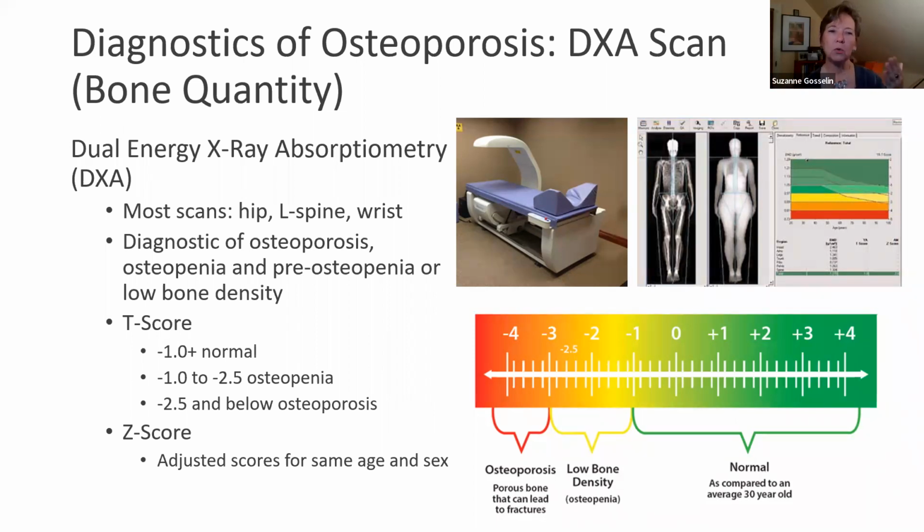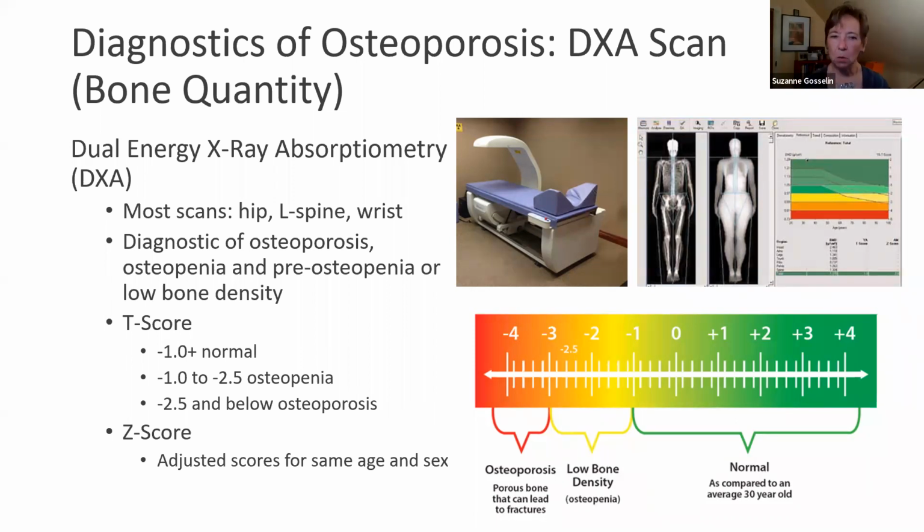But you probably are familiar with reading your DEXA report talking about T-scores and Z-scores. T-scores are your measurement of bone density compared to an average bone density of a 30-year-old, depending on if you're still of the same sex.